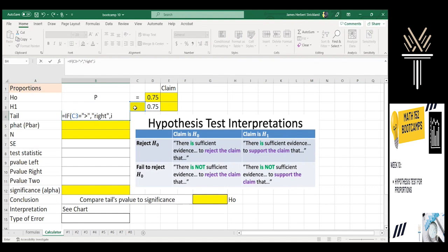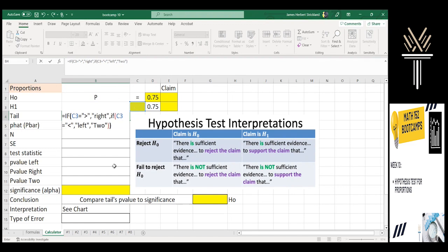Comma, if, parentheses C3 is equal to, quotes, less than, then we want to say, in quotes, left. Otherwise, we're going to simply say 2, or 2 tails.